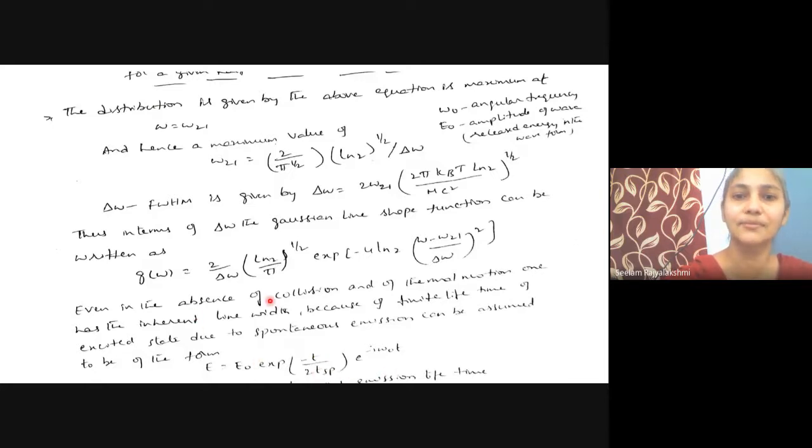Even if we cannot observe any collisions or thermal motions, we have a particular line width because of the finite lifetime. For every atom, we have a particular lifetime in the excited state due to spontaneous emission, which can be assumed in the form of this equation.